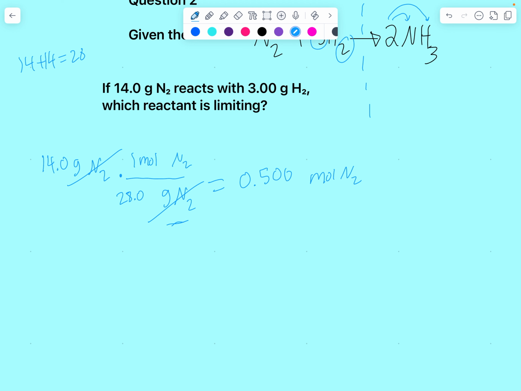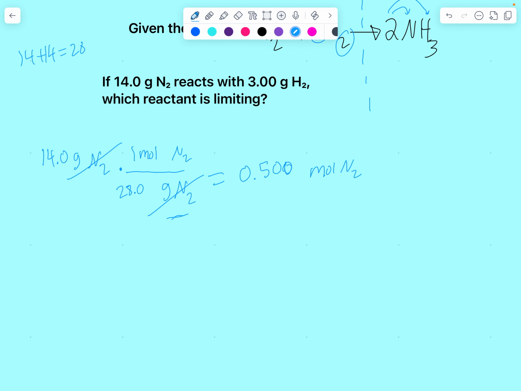That's 28 grams. Think of it that way, if that made sense. All right, I converted it into moles, which is what I wanted, but we're going to have to convert later into a different kind of mole, and you'll see what I'm talking about.